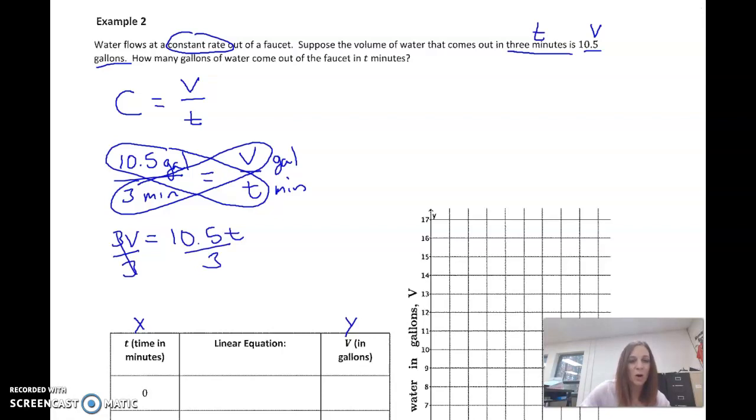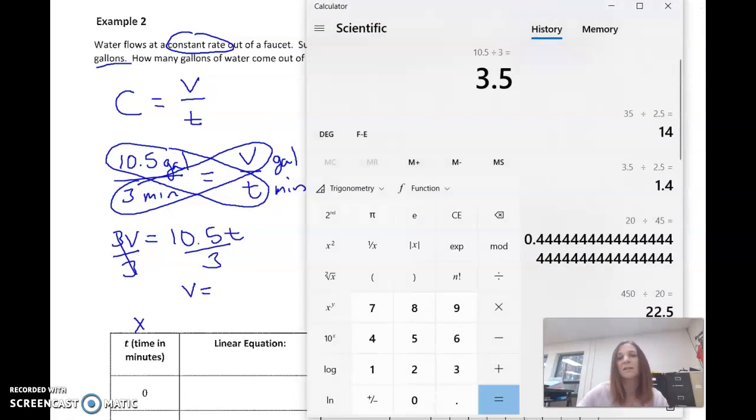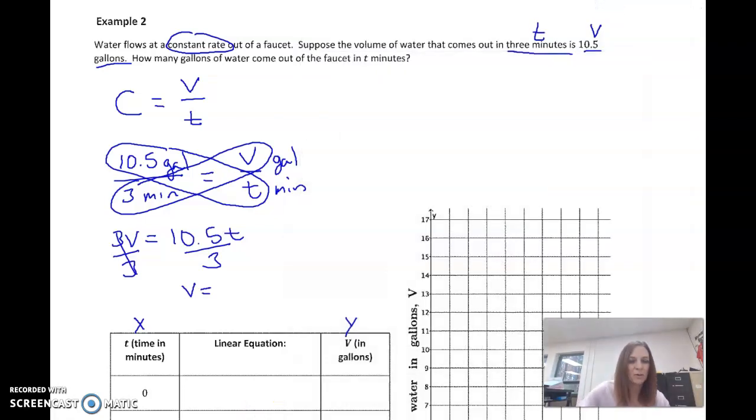Hopefully I get it right this time. 3.5, that seems right. And this is going to work out to be 3.5 times t. So that's going to be our equation.